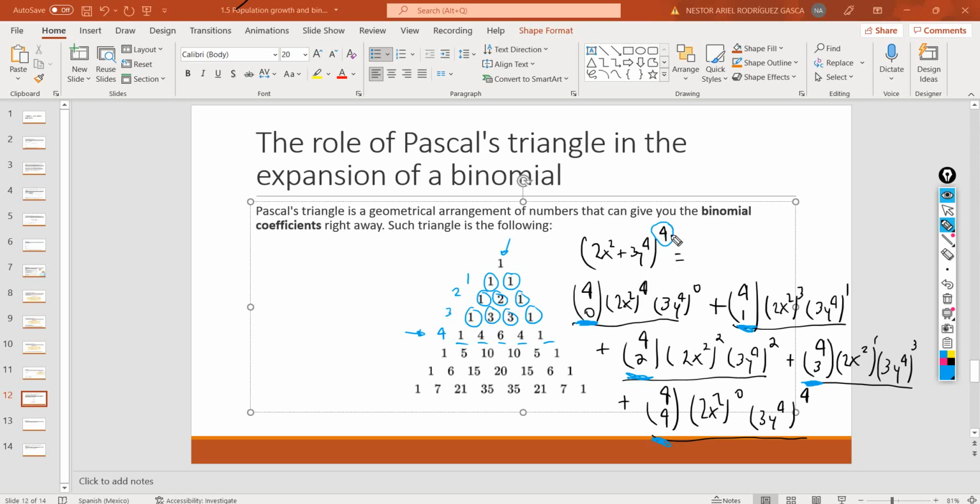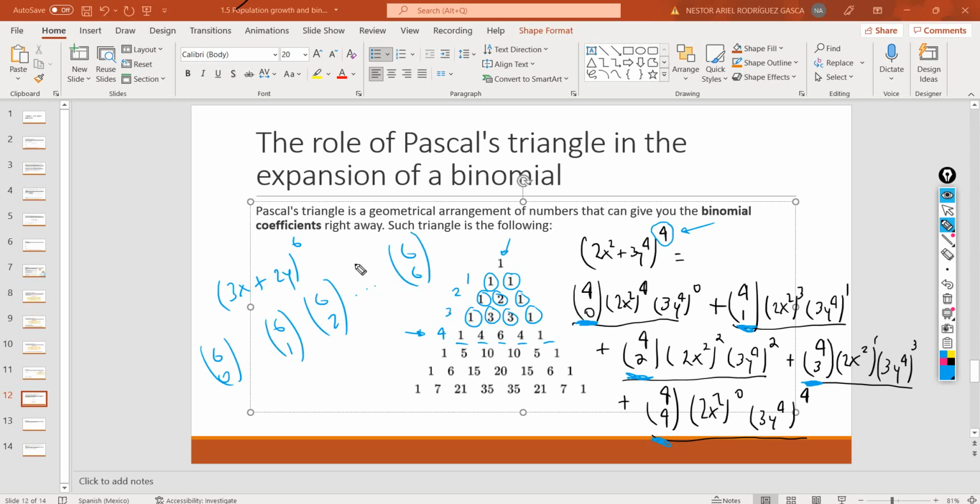And the same goes for any other binomial raised to any other exponent. Let's suppose that I give you this one, 3x plus, let's say, 2y to the 6, okay? And if you want to know the binomial coefficients that you will get, which are 6 choose 0, and then 6 choose 1, 6 choose 2, all the way until 6 choose 6.